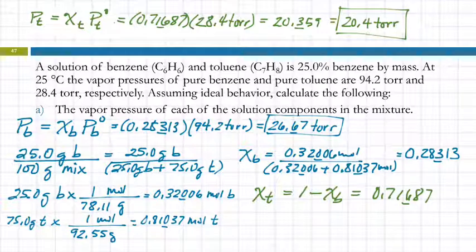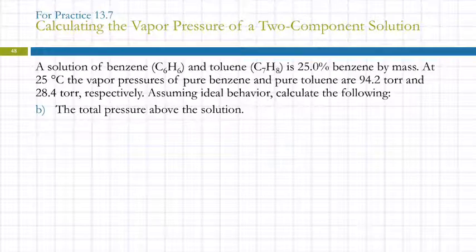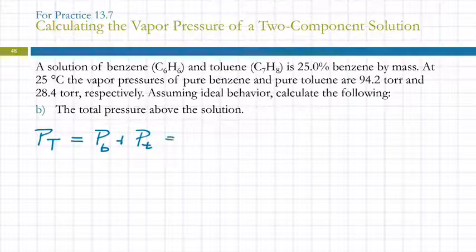Ready for part B? What's the total pressure above the solution? Well, just add them together, yep. So the total pressure is going to equal the partial pressure of benzene plus the partial pressure of the toluene.